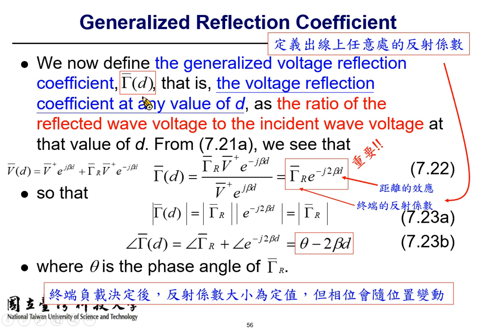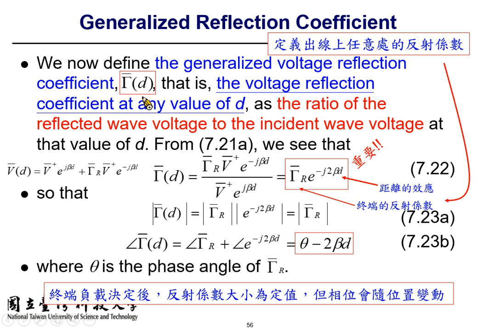So gamma, the reflection coefficient, can be a function of d, a function of position. d is not necessarily 0. If d equals 0, you specify it as gamma_R. So gamma_R is the reflection coefficient right next to the termination.